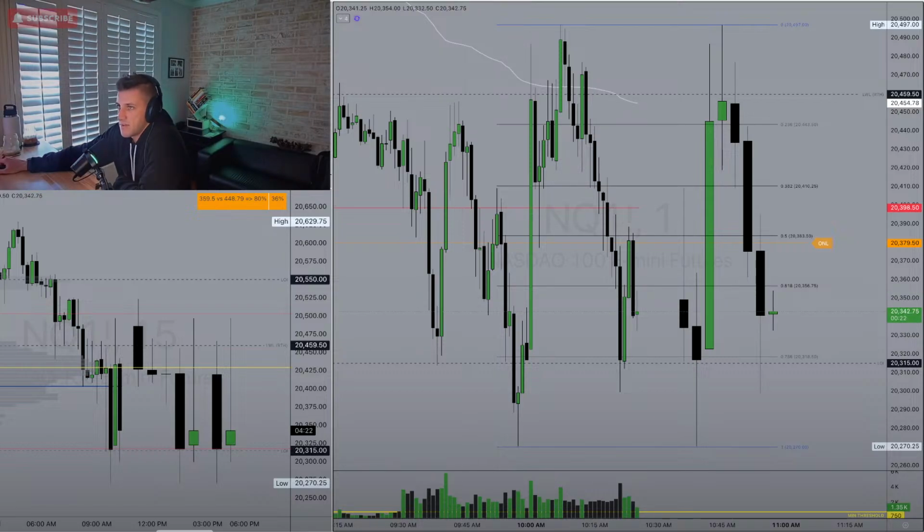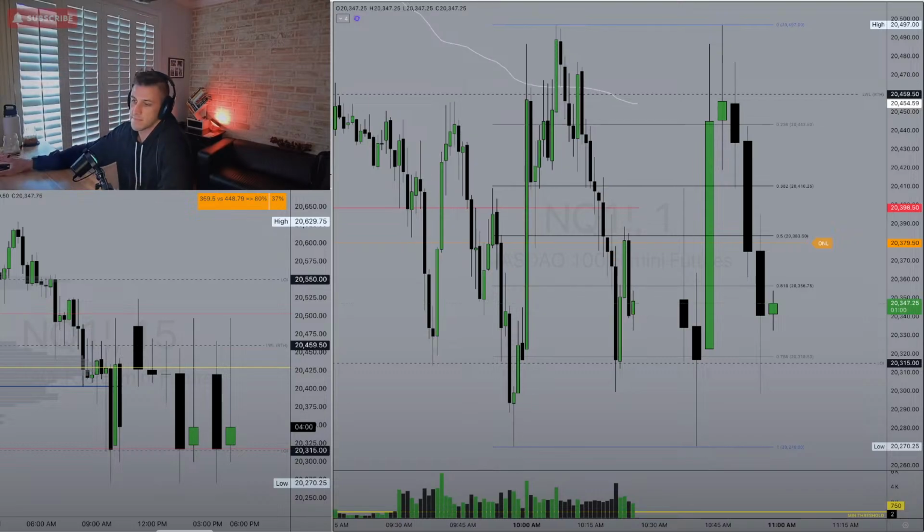Wow, a lot of shorts from VWAP. Nicely done. You guys are trading with the bot. The Opinicus bot.